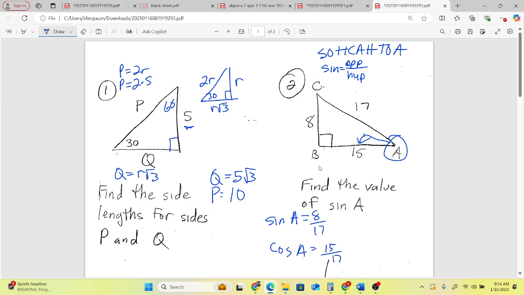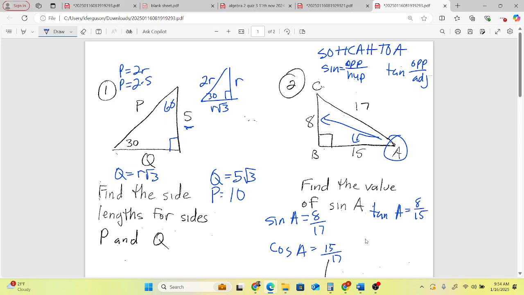Well, what about the tangent of A? The tangent of A is opposite over adjacent. So that's 8 over 15.